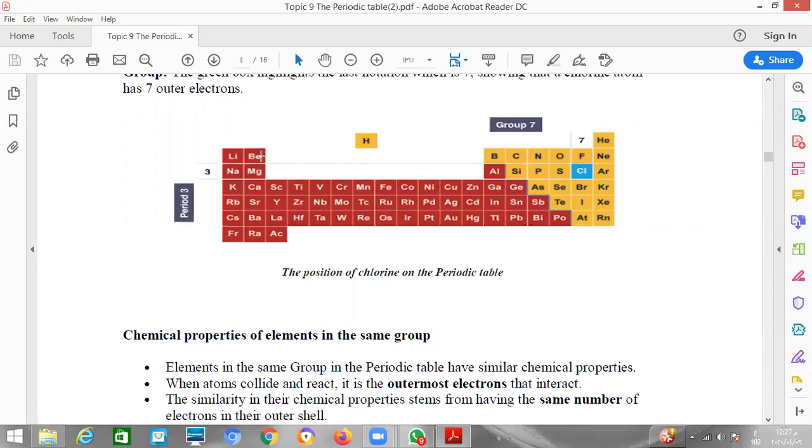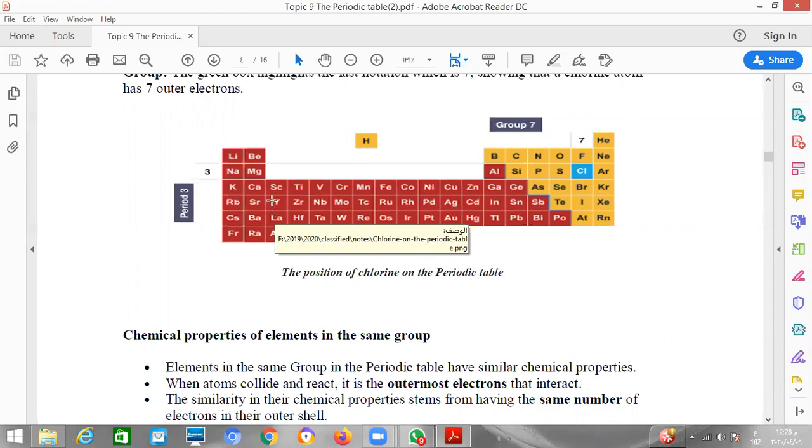Beryllium is like magnesium and calcium. I need to say that elements in the same group have the same chemical properties. Why? What is the reason? Because they have the same number of electrons in the outermost shell.